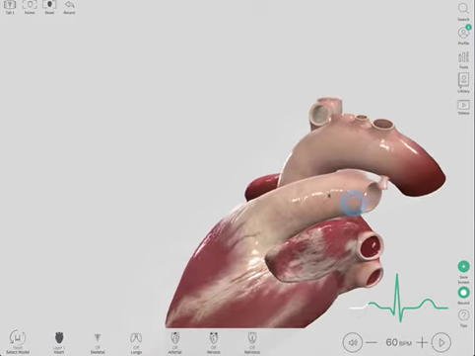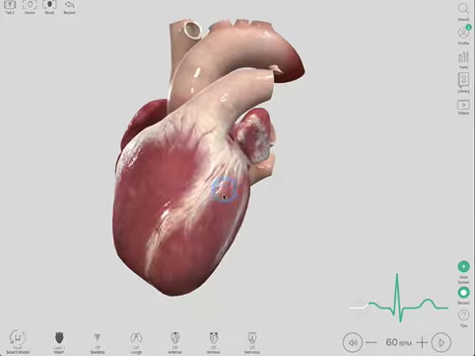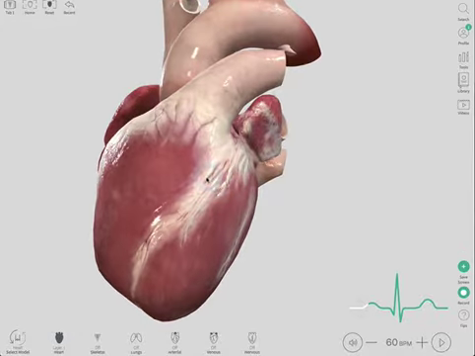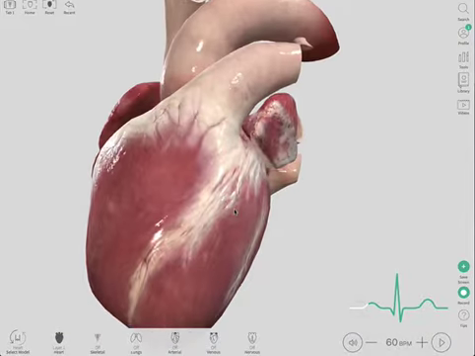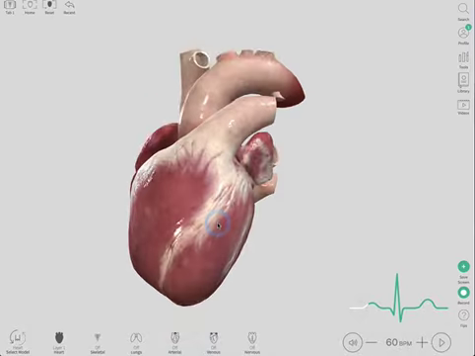And then a left ventricular aneurysm. So as we know, a heart attack leads to dead cells, and these dead cells can lead to an aneurysm on the left ventricle. Okay, left ventricular myxoma. I don't know how to pronounce it.